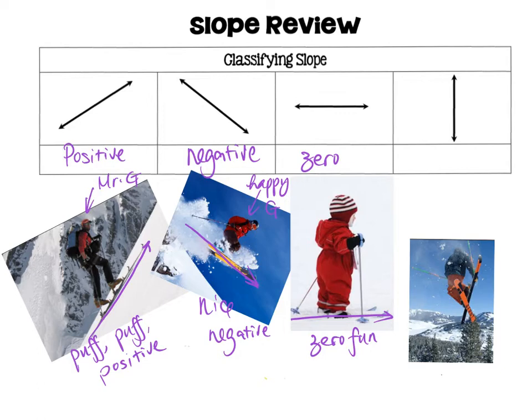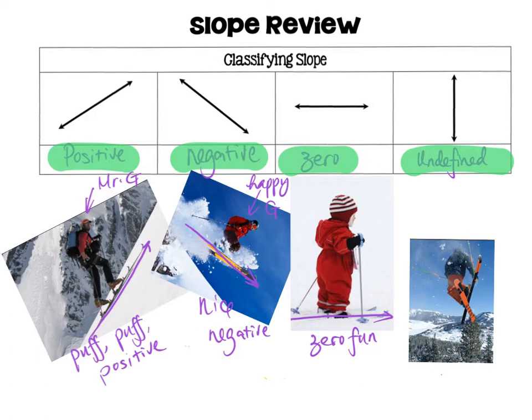And in algebra, when we go crazy, we have a curse word called undefined, because you cannot define that slope anymore. Okay? So here are 4 very easy to remember slopes: positive, negative, 0, and undefined.